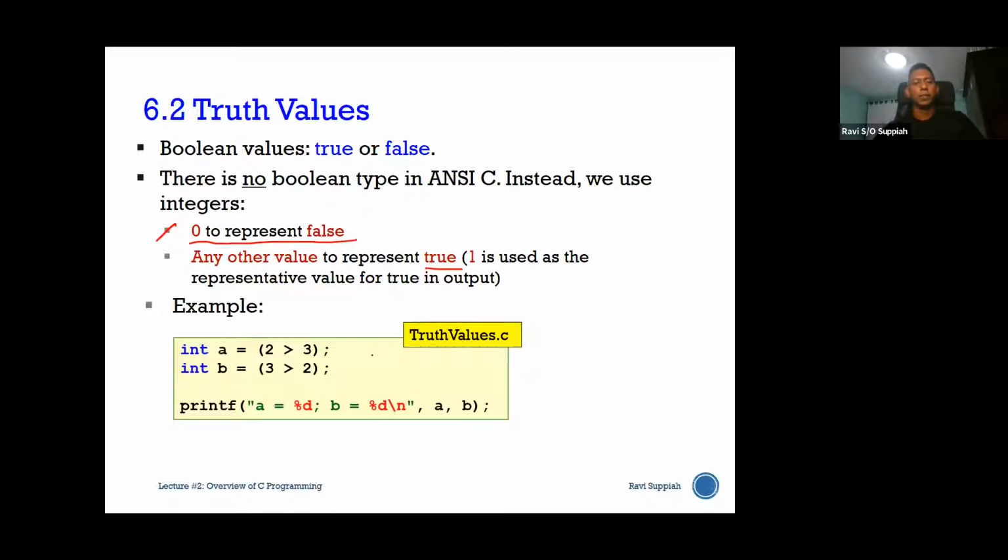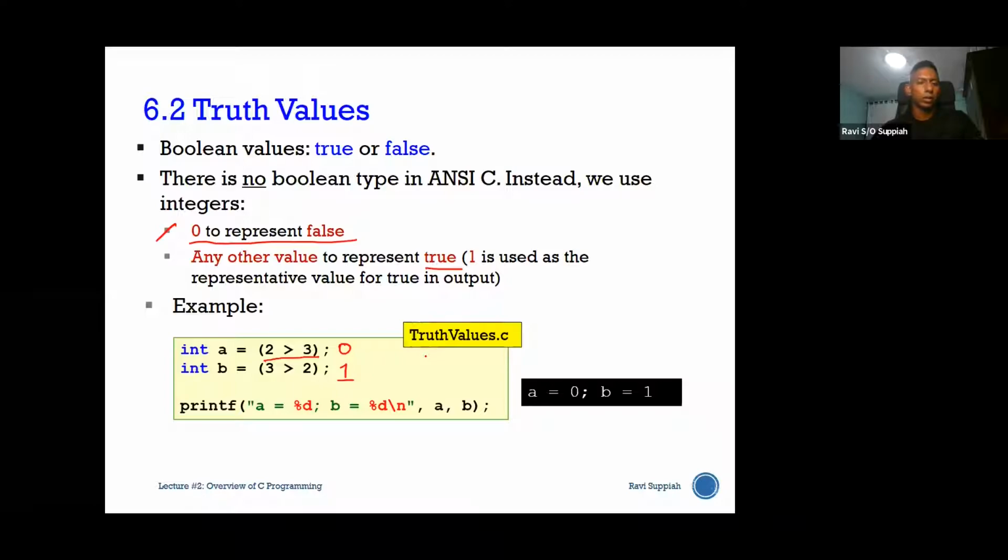Okay, so if I look at this here, is 2 greater than 3? So 2 is not greater than 3. So when I write this expression, the result of this would be either true or false. So since this is false, I get a value of 0 assigned to A. Okay, in the second line, 3 is greater than 2, so this is true, so it is 1.